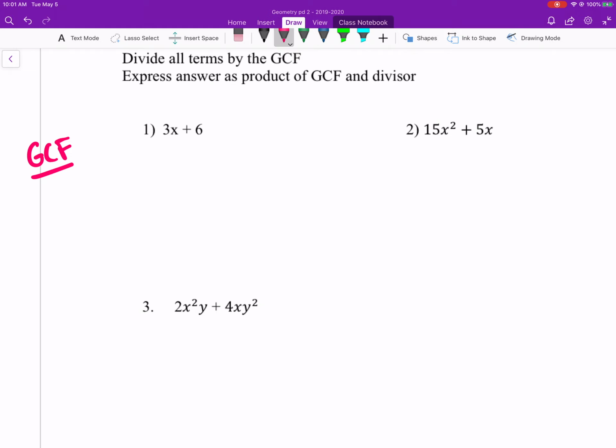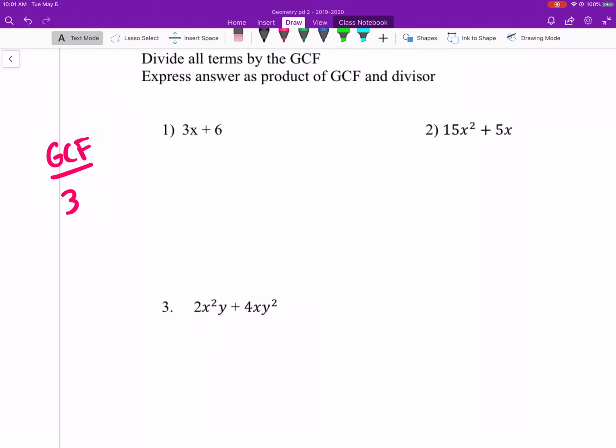So between 3 and 6, what's the biggest value that divides into 3 and 6? It's 3. Now, part of your GCF could be a variable, but notice how the 3x has a variable and the 6 does not, so you definitely know that there's not going to be any variable included in your GCF.